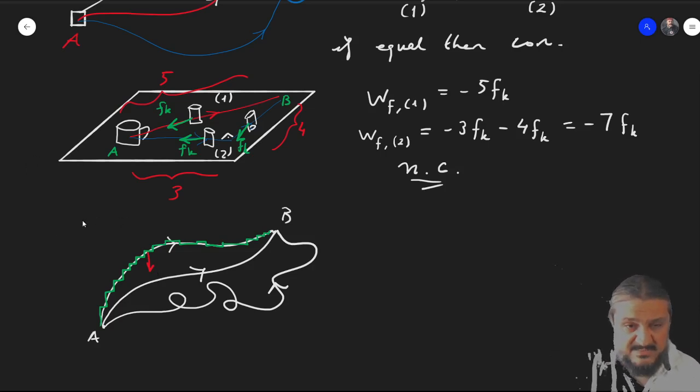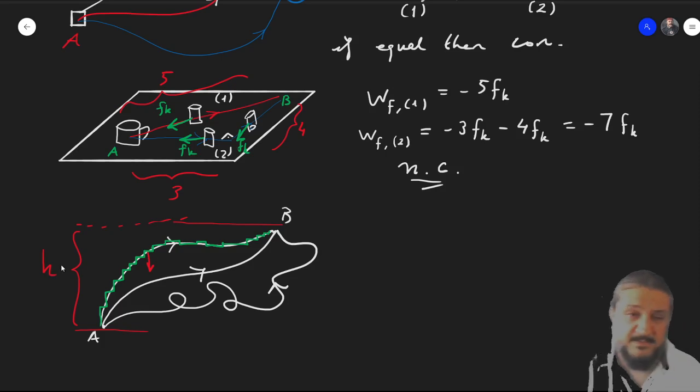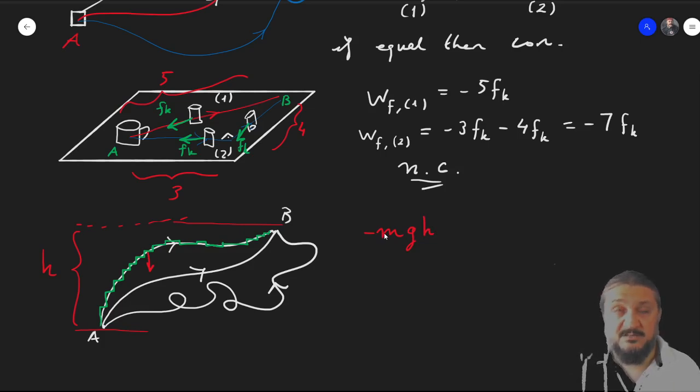What happens is this net vertical distance between A and B, that's what matters, h. So if the object you're moving has a mass m, the weight will be mg, and mgh will be the work you do against gravity, and negative mgh will be the work done by gravity.